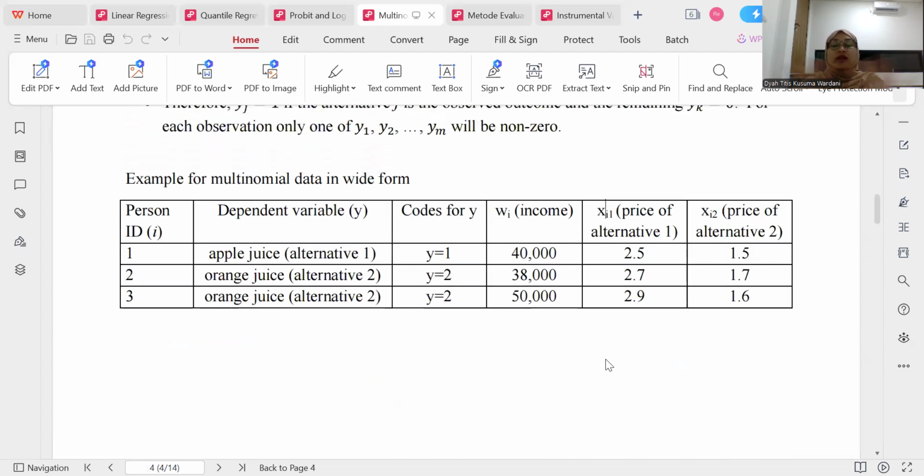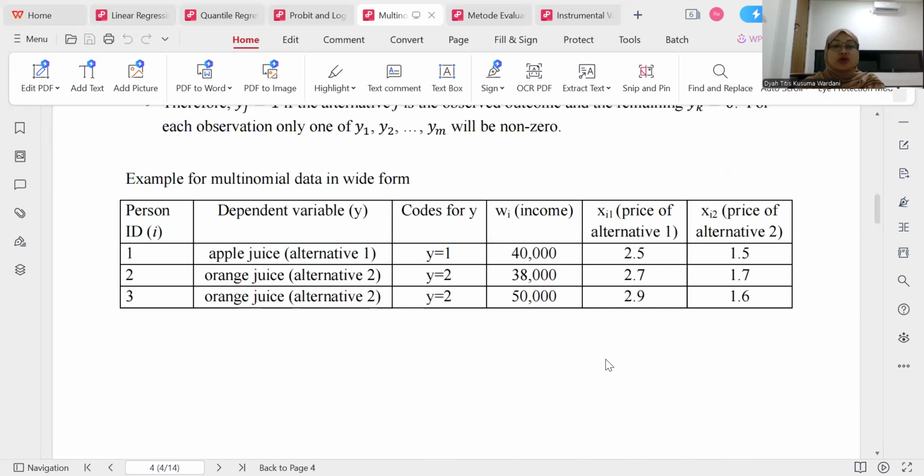Okay, for example, we will write this down in tables to make it easier to understand. We will make some visualization for the multinomial data in the wide form. There is a person ID, for example 1, 2, and 3, and then there is a dependent variable y.